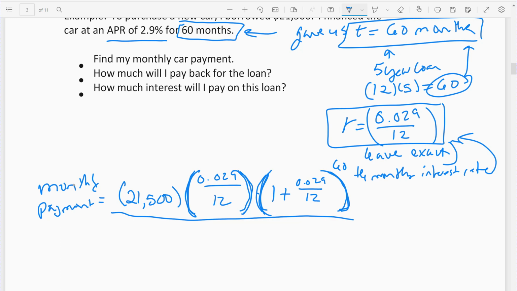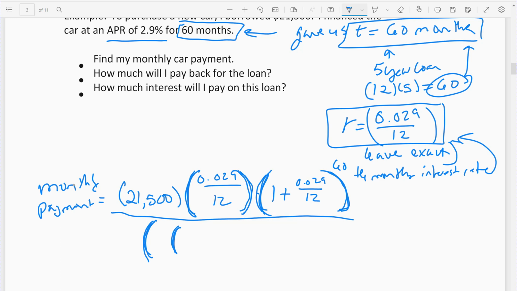So it takes that whole thing, 1 plus r, and raises it to the 60. And because we're raising it to a big number like 60, that's why you can't round this, because it'll be significantly off, because 60 means I'm taking that number and multiplying by itself 60 times. So if I round, I'm significantly off 60 times, and that's a lot to be off by. In the bottom, I also have to have 2 sets of parentheses. I have the big set around the subtraction, and then the little set around the addition again.